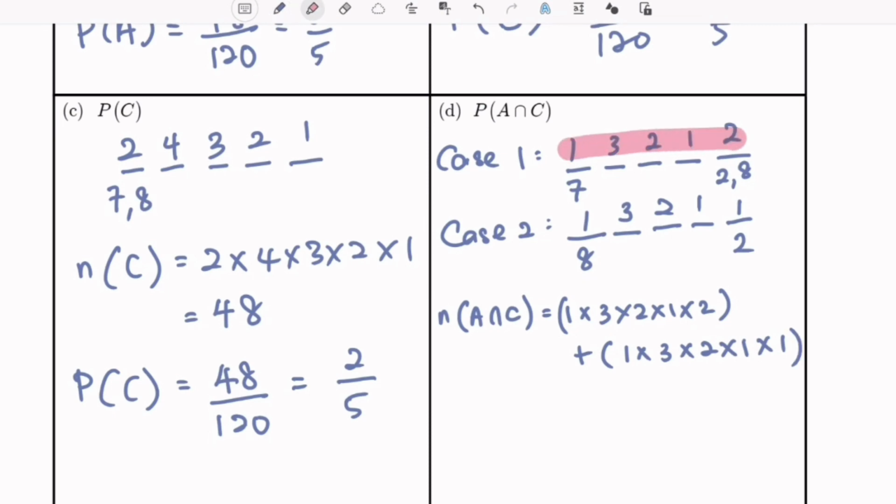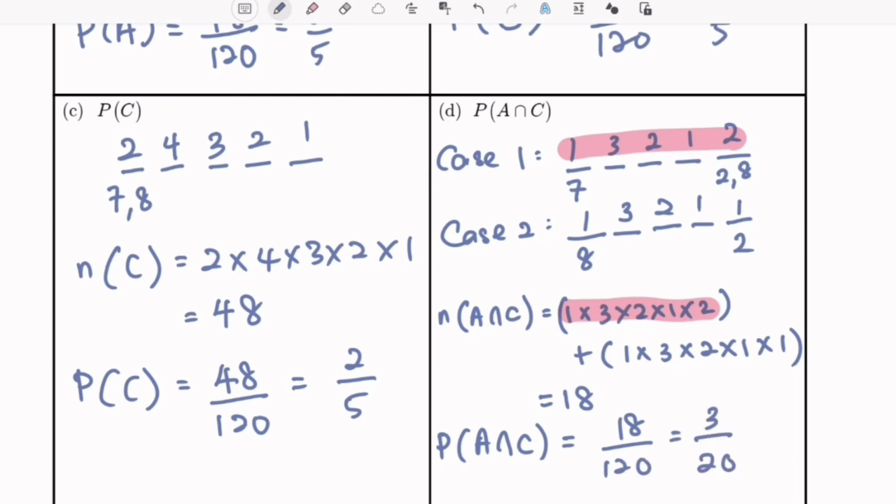Okay, you can see that. This gives you 18, and then P(A intersect C) will be 18 over 120, or 3 over 20.